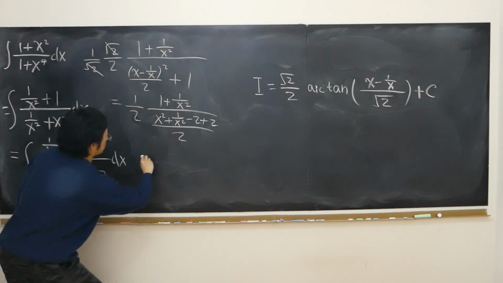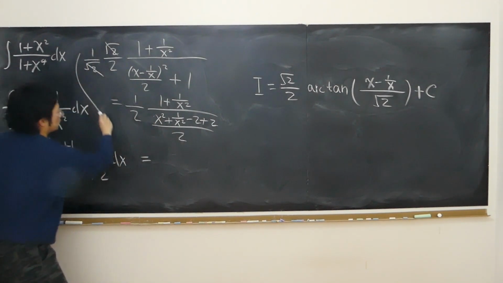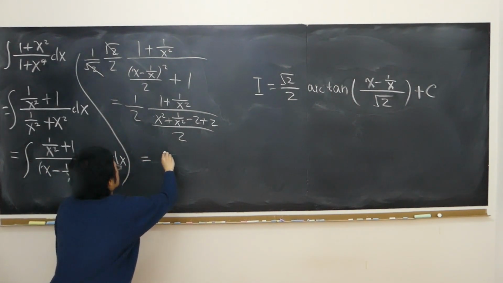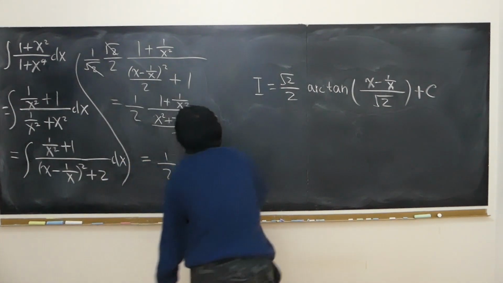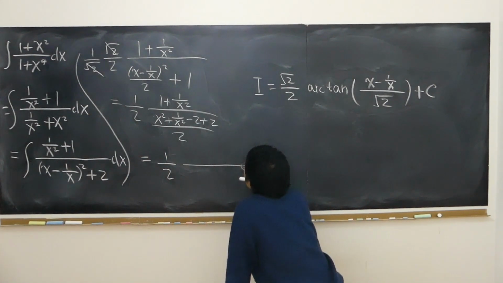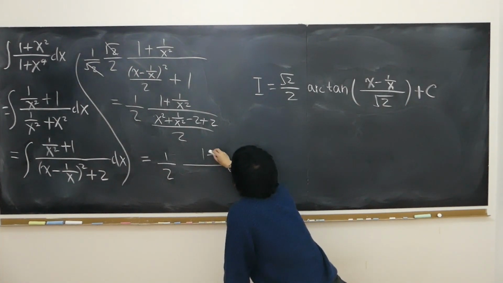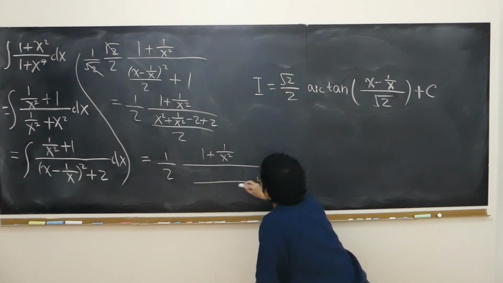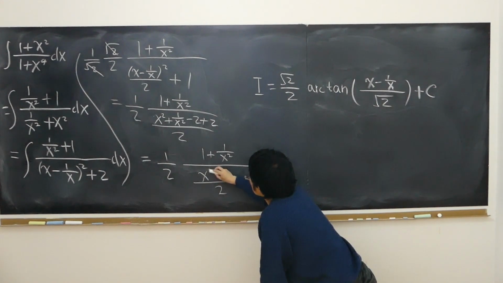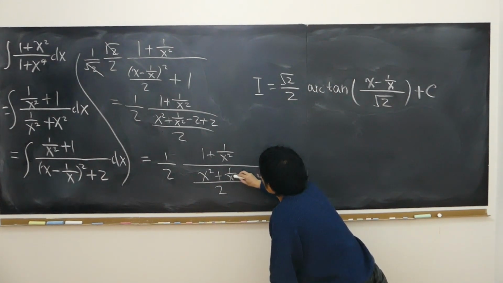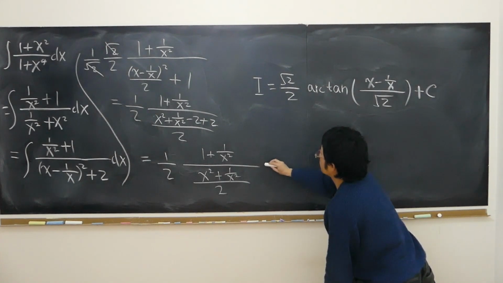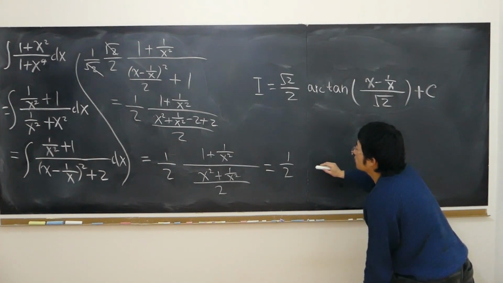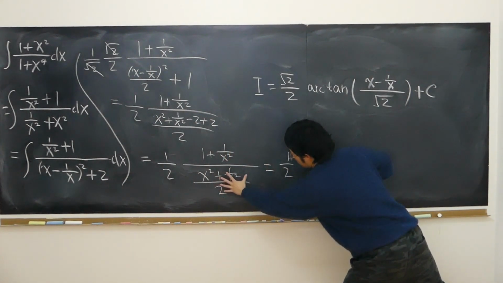So this is actually equal to 1 over 2 times (1 plus 1 over x squared), over 2 at the bottom, 1 times (x squared plus 1 over x squared). And that is equal to 1 over 2 times this numerator, and this fraction is our denominator.